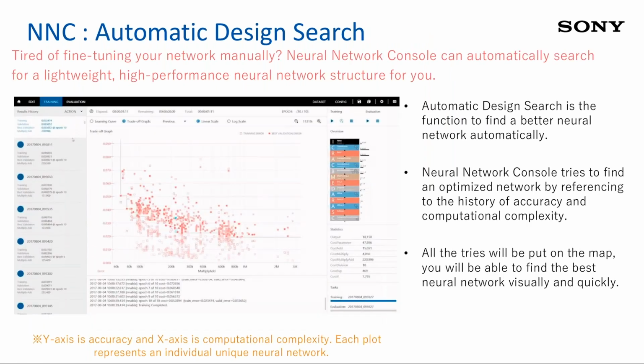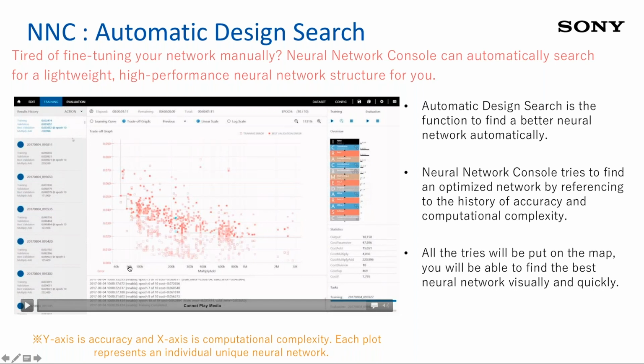And then the other thing is automatic design search, or a structure search. If you look at this picture, you see a bunch of red dots. What is happening is basically you do a lot of designs, and then you will see the data. For example, if I click on one of these, then I will see the architecture, I will see the performance, and then I can pick that.